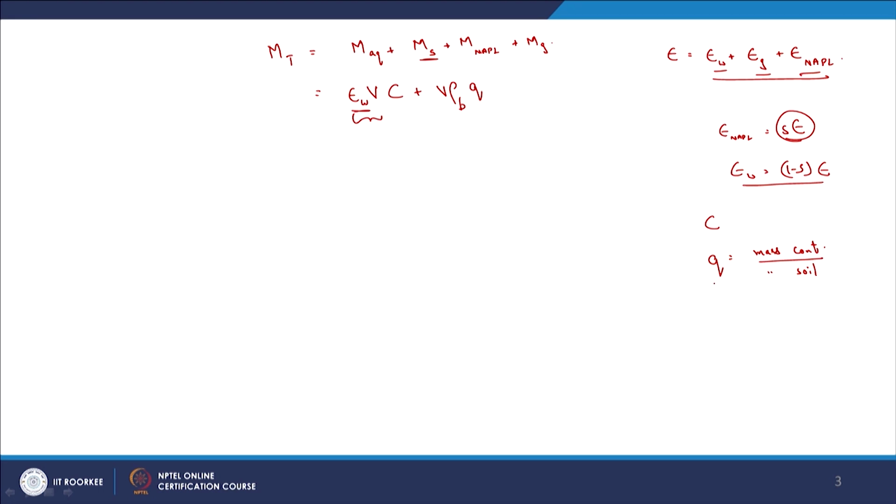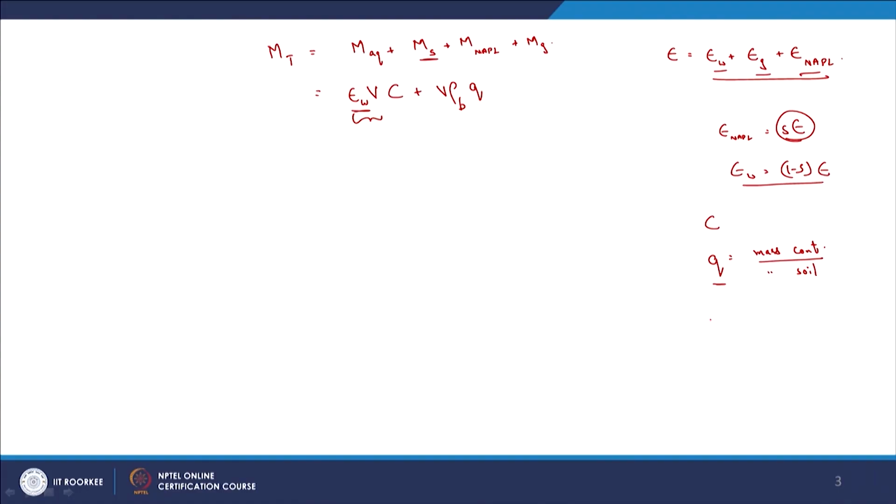So, again as you know, soil and contaminant in the water, you are going to have an equilibrium, right. So, q is going to be in equilibrium with C. C is the concentration of the contaminant in the water, and typically we have assumed that it is a linear relationship, explained by the partitioning coefficient, right. So, that is something we have looked at.